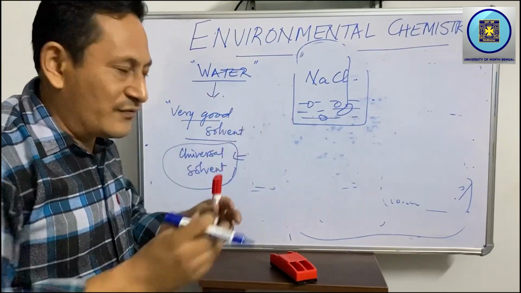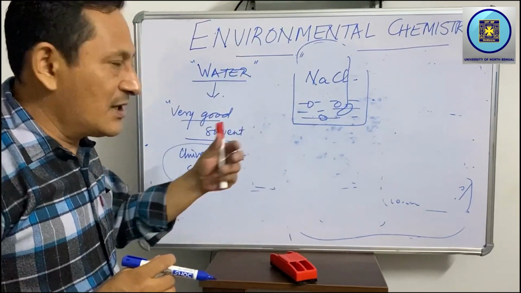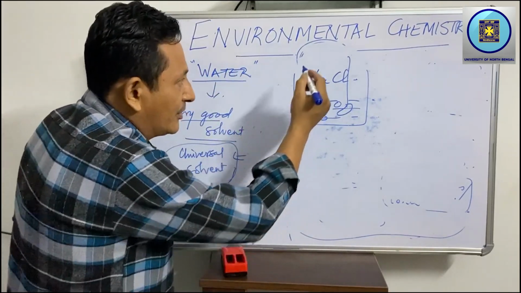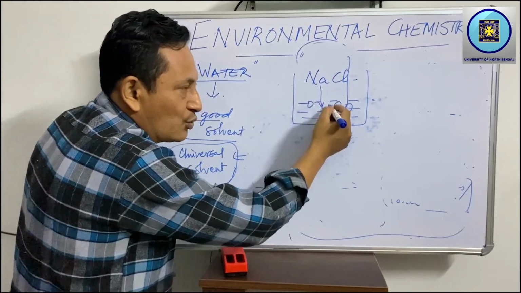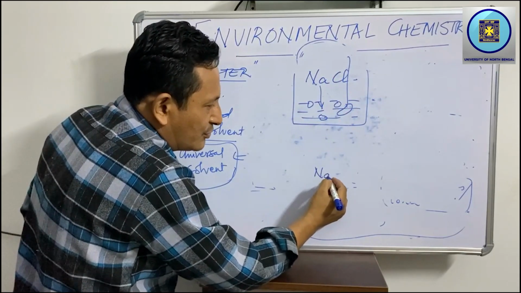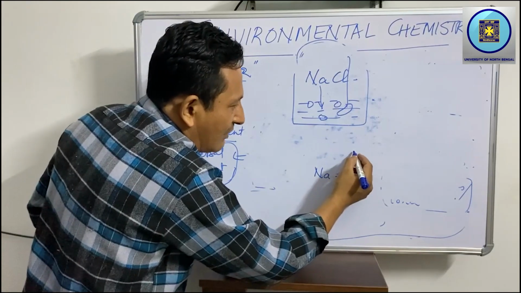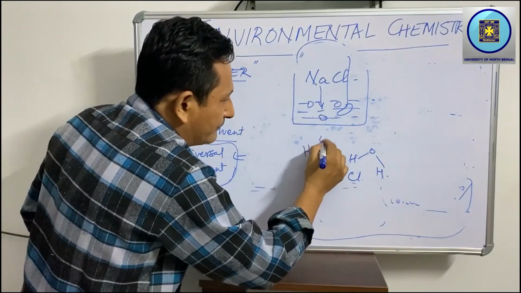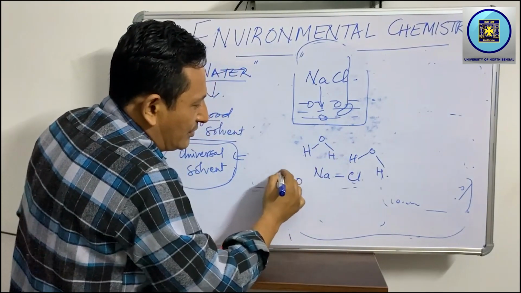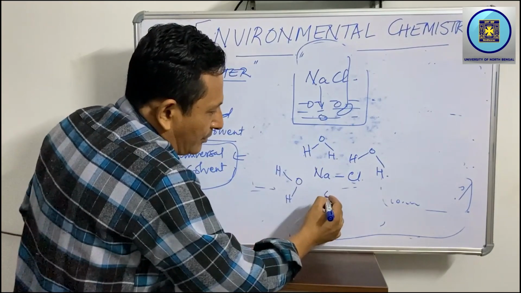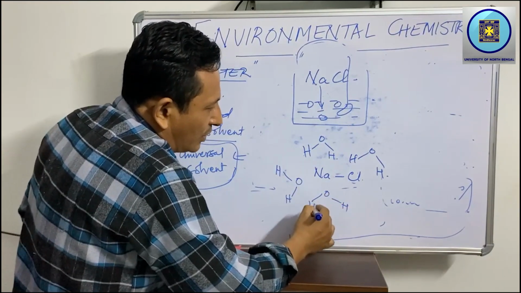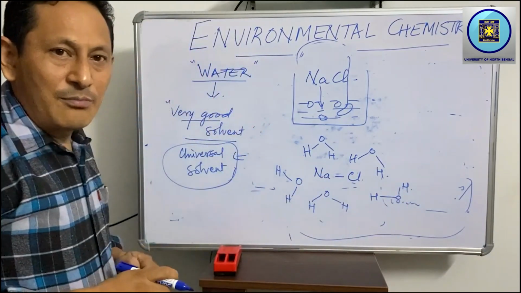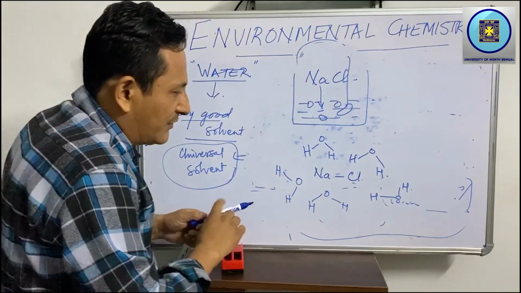We don't see any more crystals of sodium chloride in water. How does this happen? Now we go back. When sodium chloride gets into water, we have lots of water molecules there. The water molecules start to surround the sodium chloride compound.